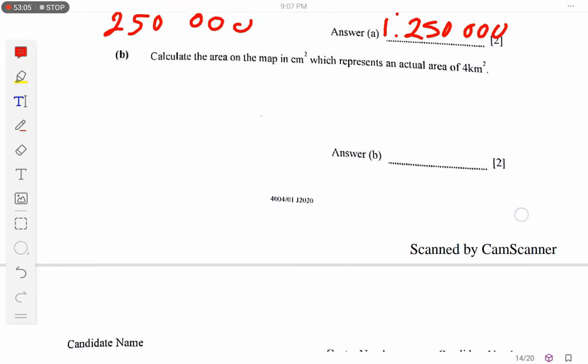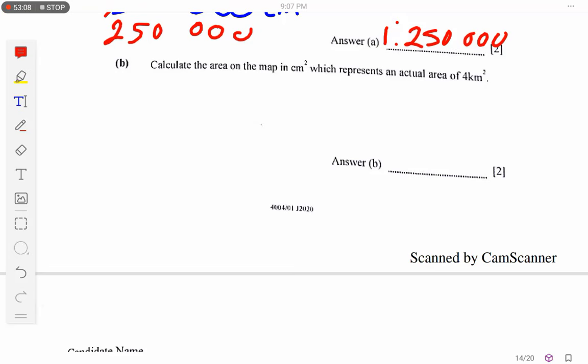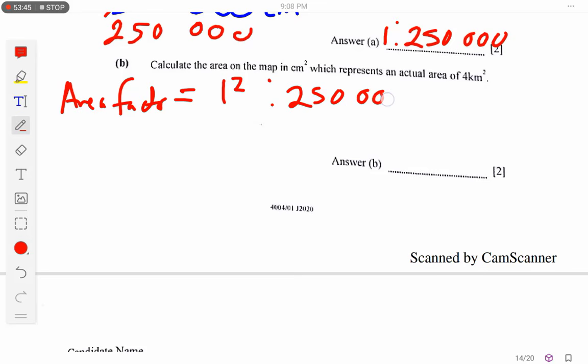Okay, let's move on. Now we have that ratio. They are saying calculate the area on the map in centimeters squared, which represents the actual area of 4 kilometers squared. Okay, this was just lengths, the ratio that we had, 1 is to n there. Let's also have it in terms of area. So the area factor is going to be equal to 1 squared is to 250,000 squared, like that.